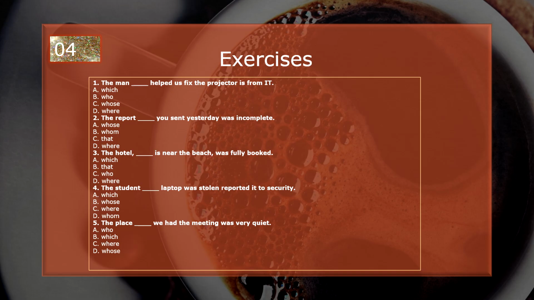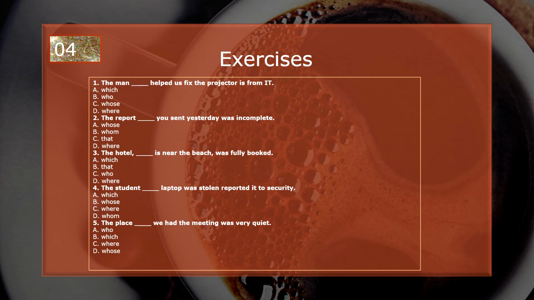Second one: the report, whose, or whom, or that, or where, you sent yesterday was incomplete. Third one: the hotel, which, or that, or who, or where, is near the beach was fully booked.